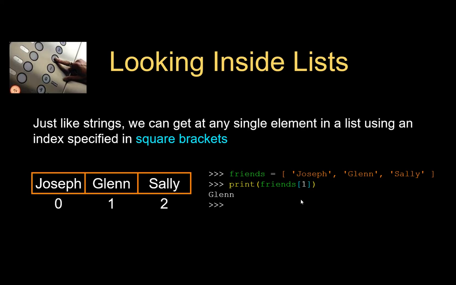Okay, so we use a square bracket in our list to specify a specific value in our list. So in this case, for example, our list variable friends has Joseph, Glenn, Sally.